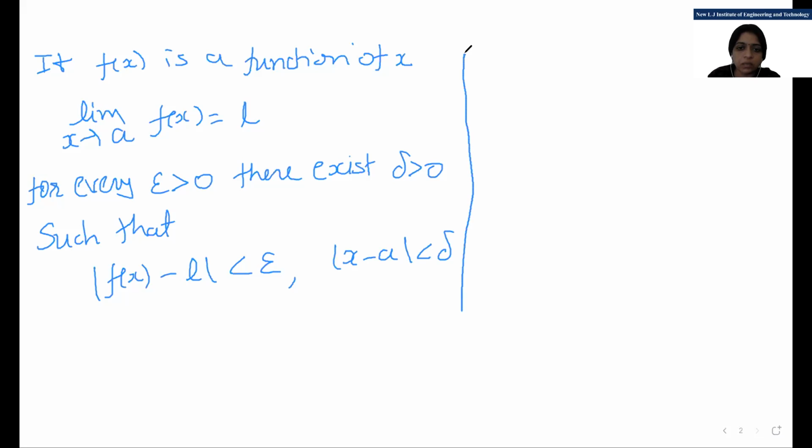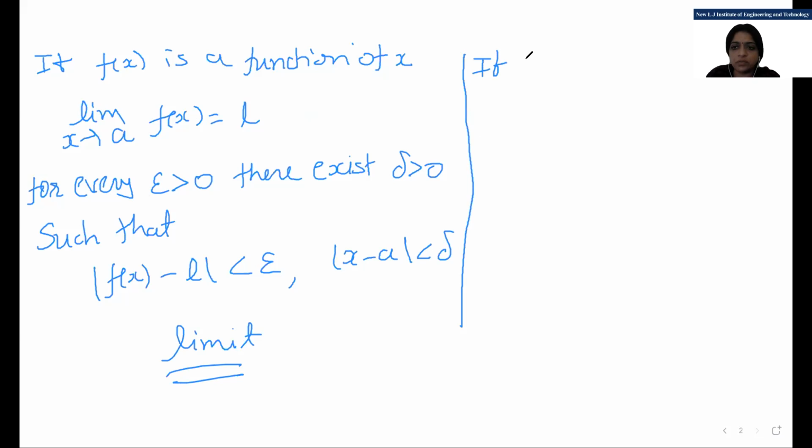Students, this is the definition of the limit for one variable.